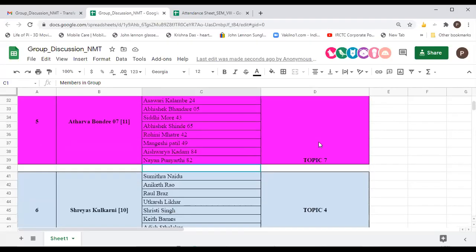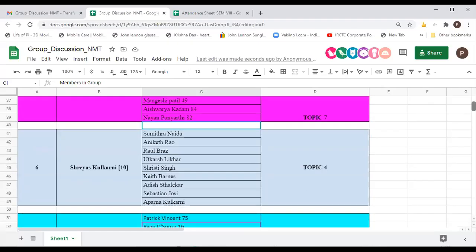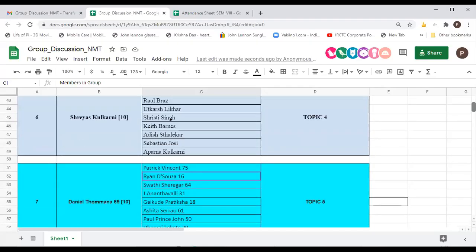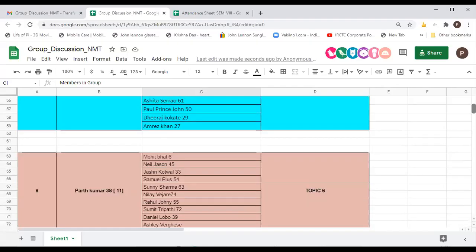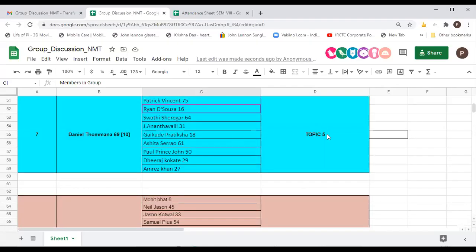Atharva, yours is topic 7. Okay, ma'am. Okay. Shreyas, anybody in Shreyas group? Many people are there. Yes, ma'am. Yes, so Shreyas's group topic is topic 4. Daniel, your group is topic 5. Okay, ma'am.